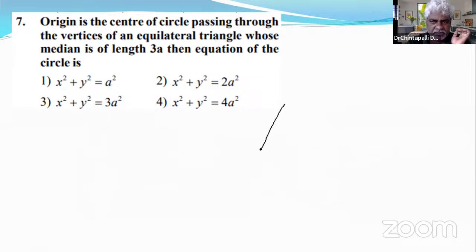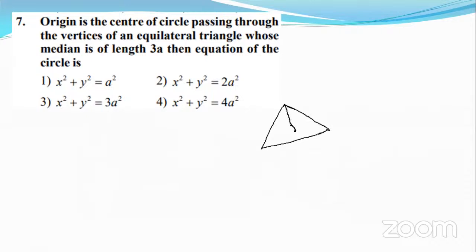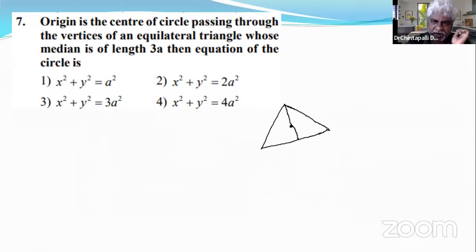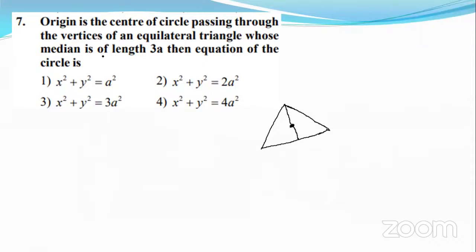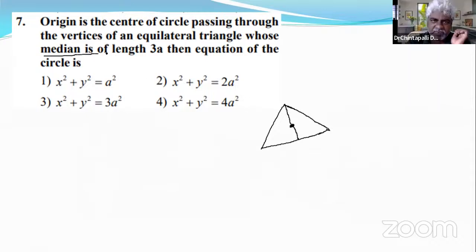It is a triangle. It is clearly given, it is an equilateral triangle. Equilateral triangle means centroid and circumcenter are the same. As we know, the centroid divides the median in the ratio 2:1. The length of the median is given as 3a.